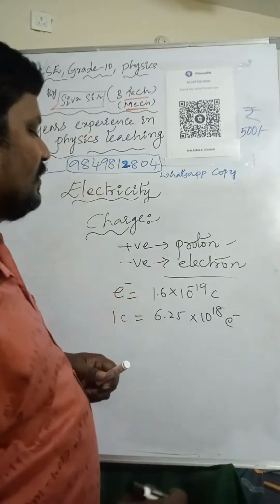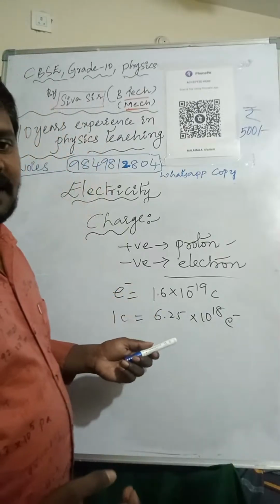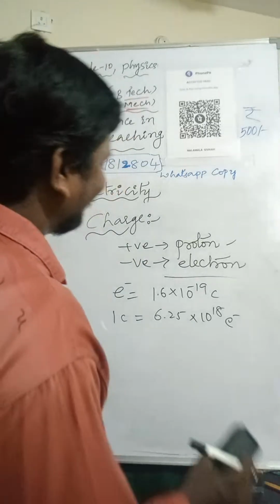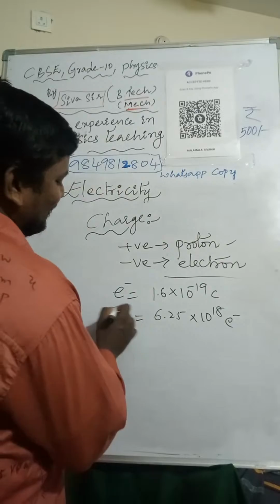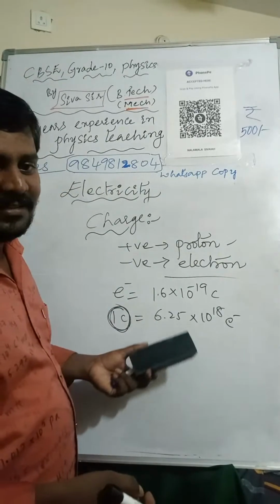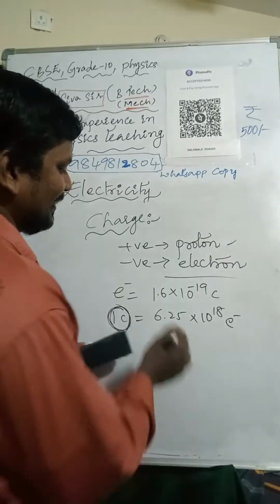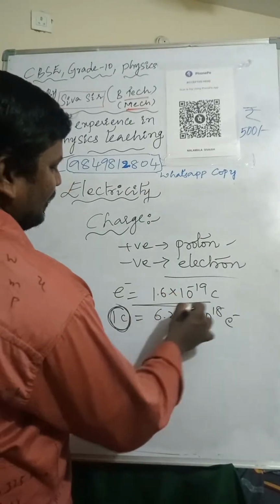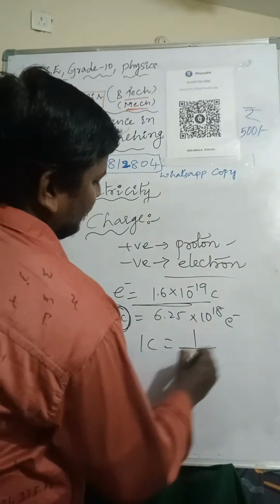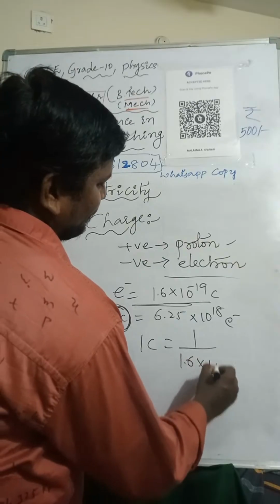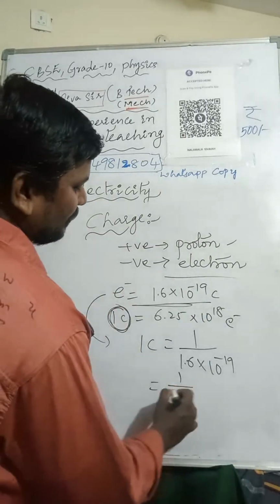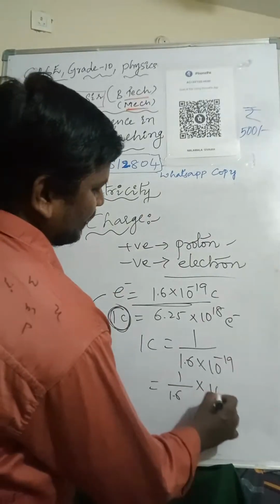So these are the electrons. How do you get this calculation? In one coulomb, how many electrons are present? From here we can get it like this: 1 coulomb equals 1 by 1.6 into 10 power minus 19, then it goes up to 1 by 1.6 into 10 power 19.